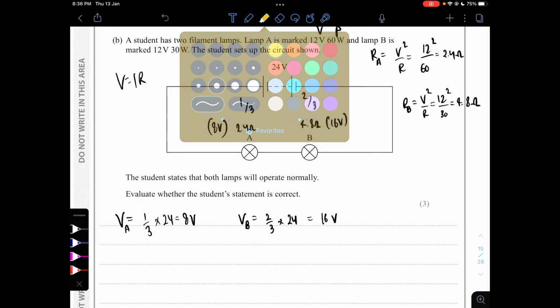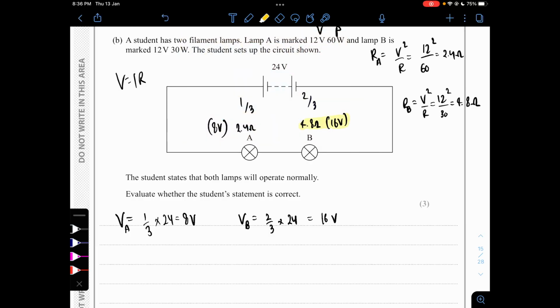So what are the two values we're dealing with? We have 4.8 ohms and 16 volts, and 8 volts and 2.4 ohms. What's the minimum required for each? 12 volts. You can see lamp A has less than 12 volts.